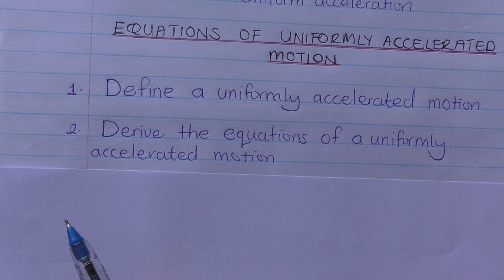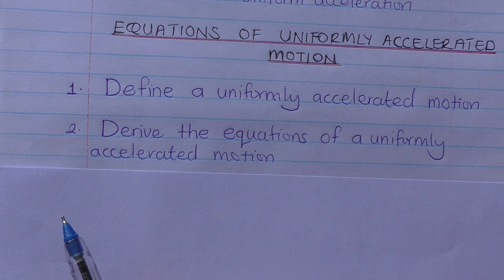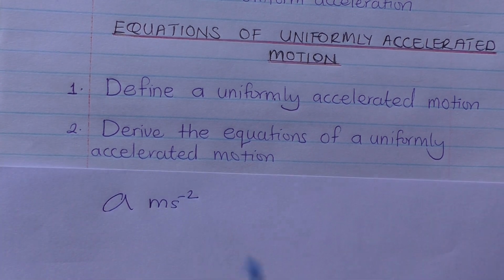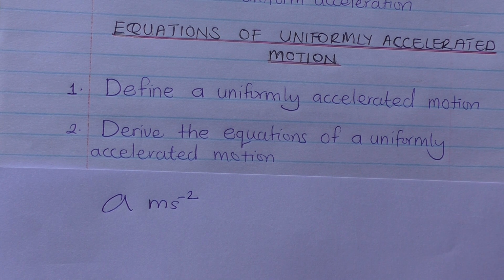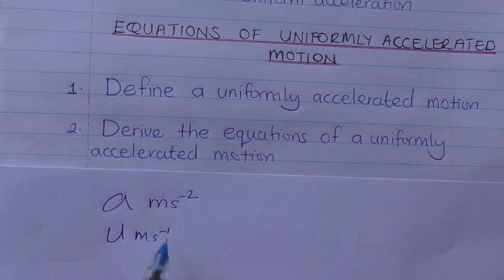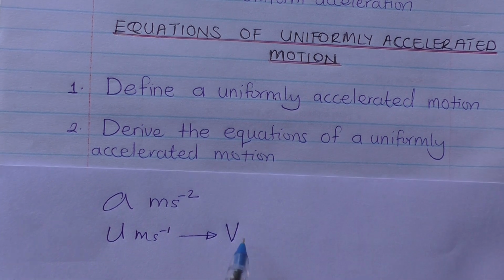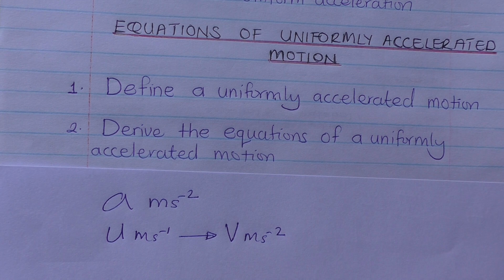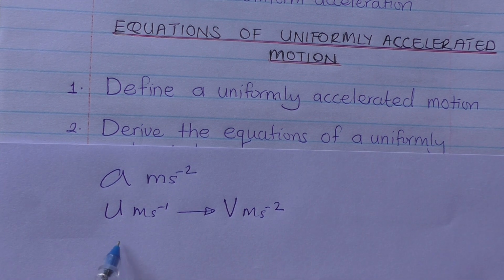Now, we shall consider a body moving in a straight line with the uniform acceleration of a meters per second squared, and this increases its velocity from u meters per second to v meters per second in a time t seconds.